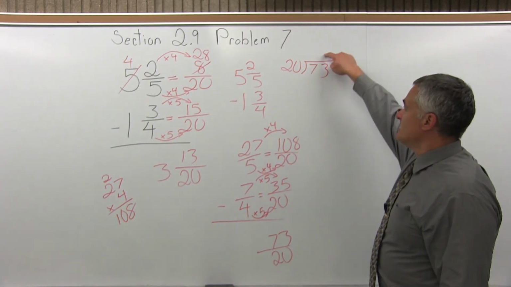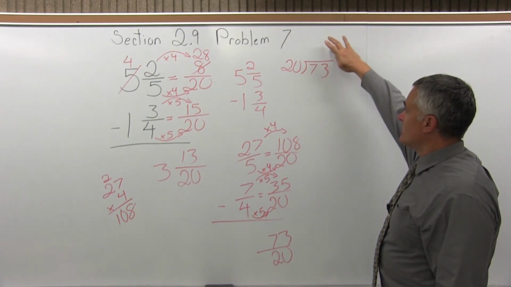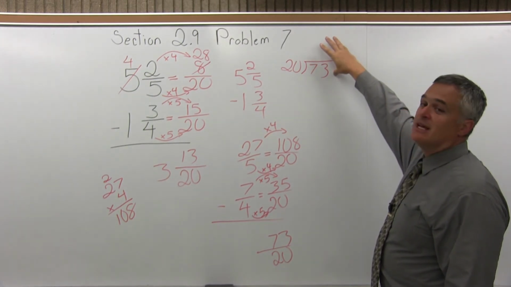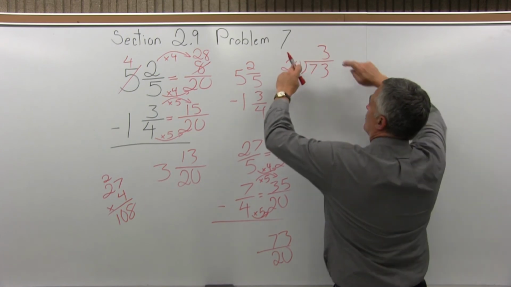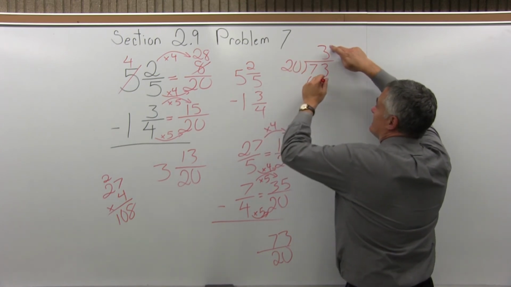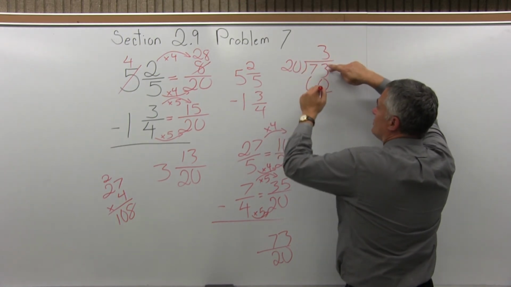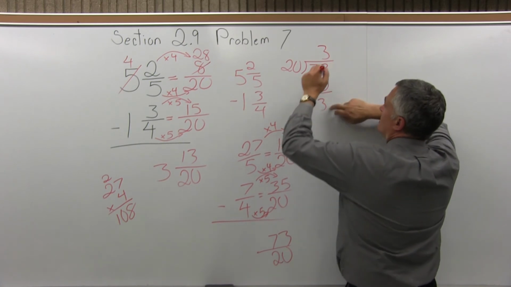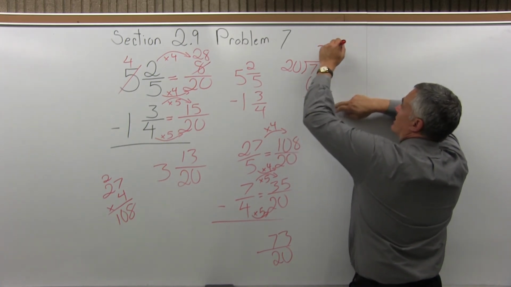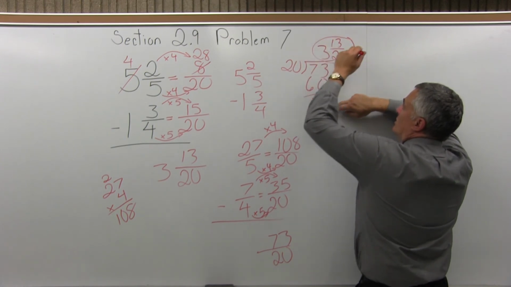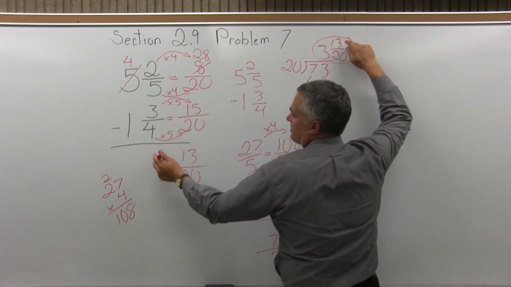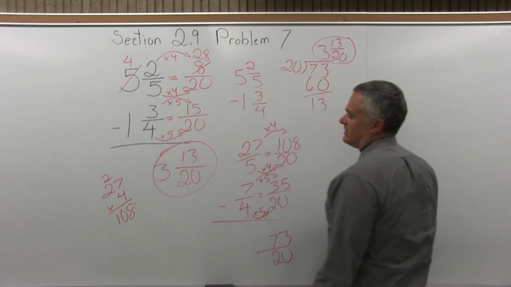Well, once is 20, twice is 40, 3 is 60, 4 is 80. 80 is too big, so 3 is as close as we're going to get. 3 times 20 is 60. 73 minus 60 is 13. So my remainder is the new numerator, and the number in front of the division is the denominator. 3 and 13 twentieths, same answer.